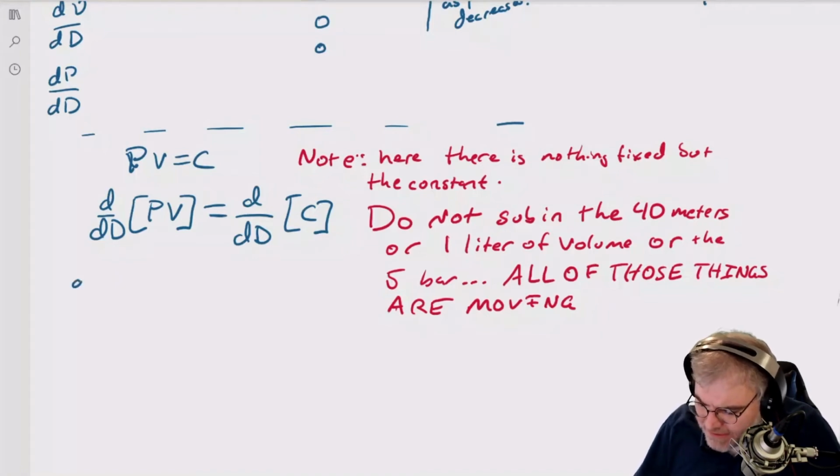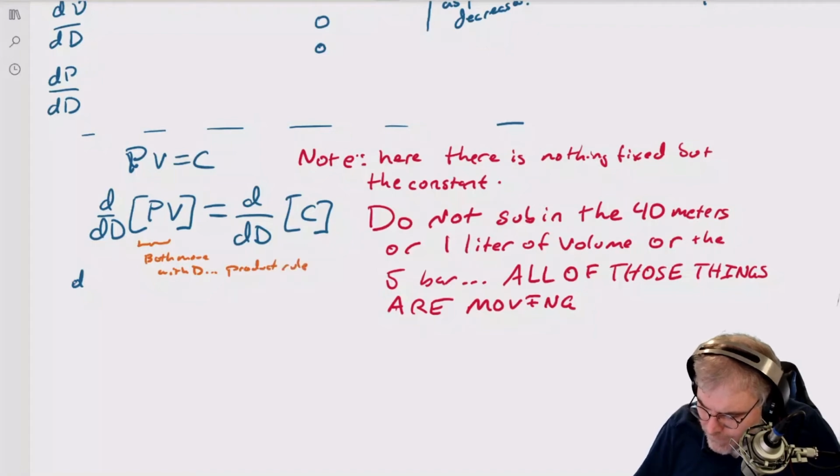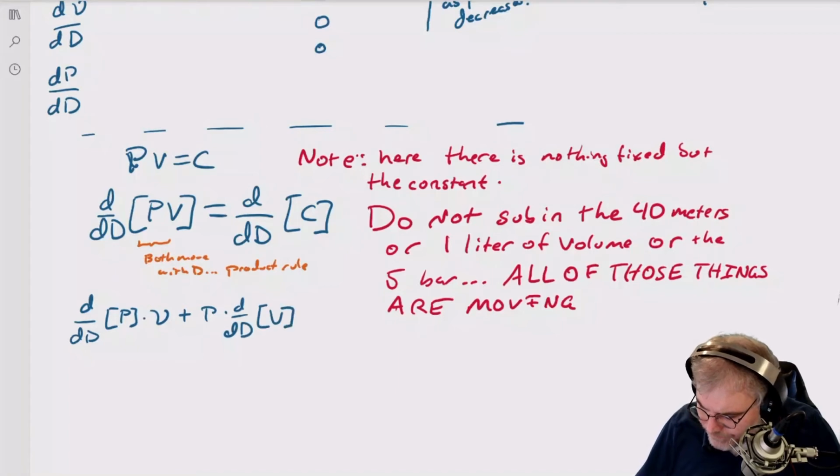So what am I going to get? Here I'm going to need a product rule because these things both move. So I'm going to get the derivative of the first, d over dd of P times V, plus P times d over dd of V. And that is going to equal the derivative with respect to d of C, but C is constant.